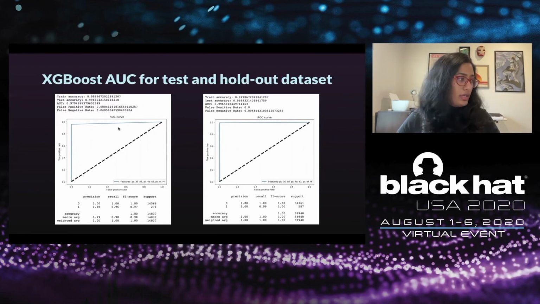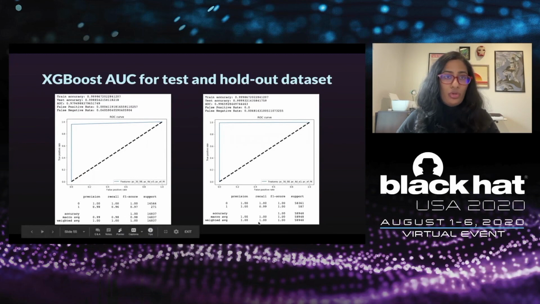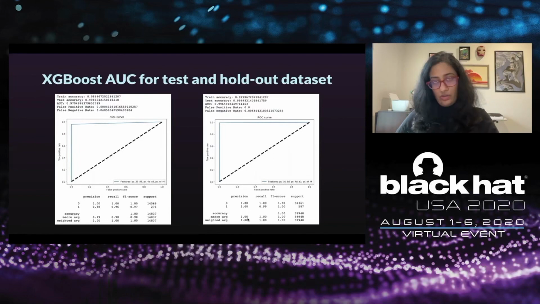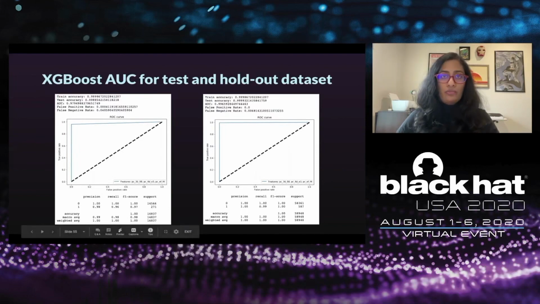So that's why it's super interesting. You can see in the left plot, the test accuracy was 99.8%, area under the curve was 98%, false positive rate was 0.04%, and false negative rate was 4%. And the F1 score was 98%, which is good. Now let's see how it fares in the holdout data set.